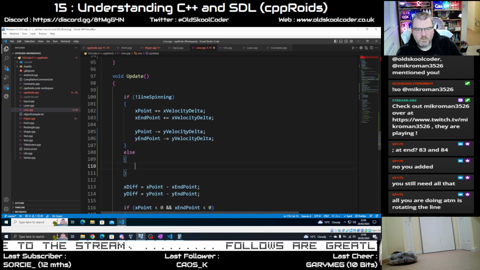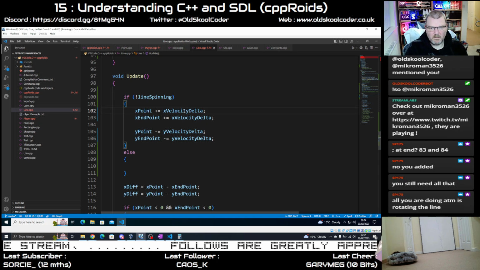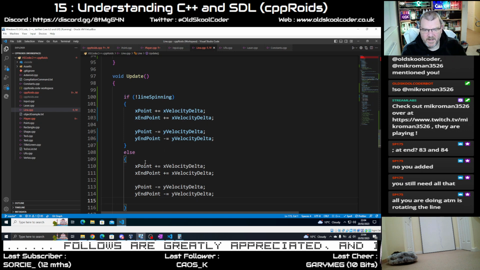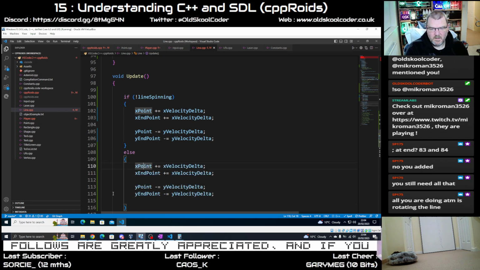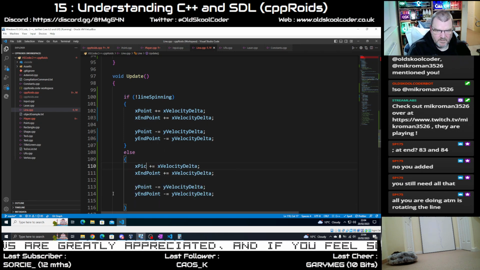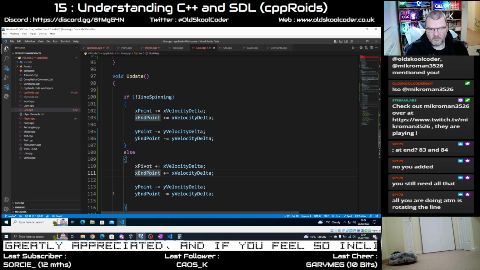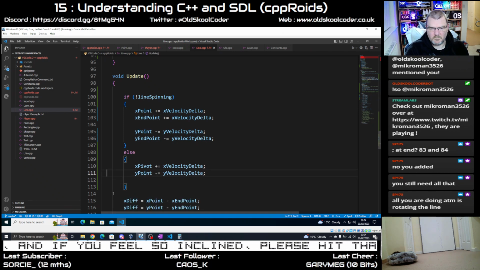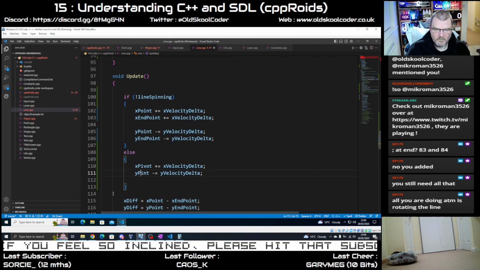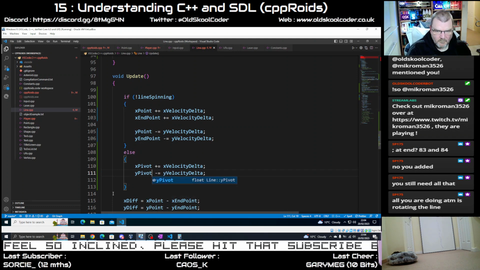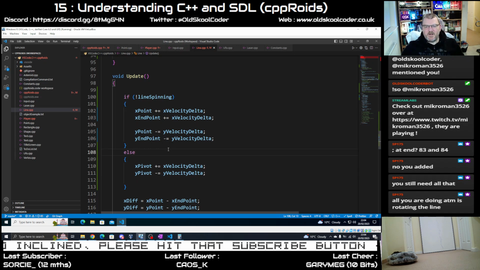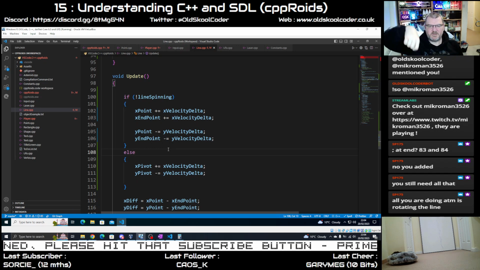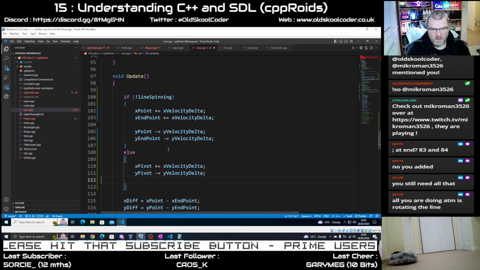Right, now we just need to work out our... That will now be pivot. So we apply the velocity to the pivot point and not the end points.